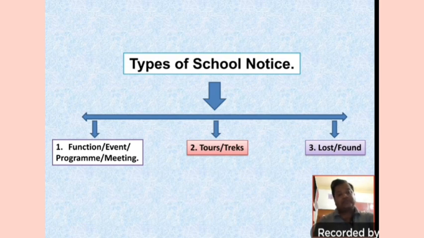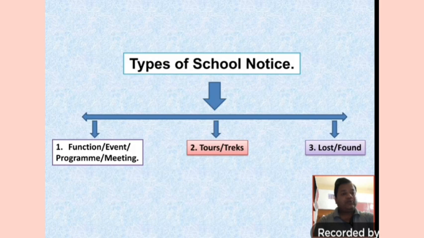At times, the students of school are taken for tours, treks, expeditions. So you may be asked to write a notice announcing to the students about a tour or a trek that the school is planning to conduct in the near future. So the second category will be tours and treks. And many times in the school, articles are lost or found.